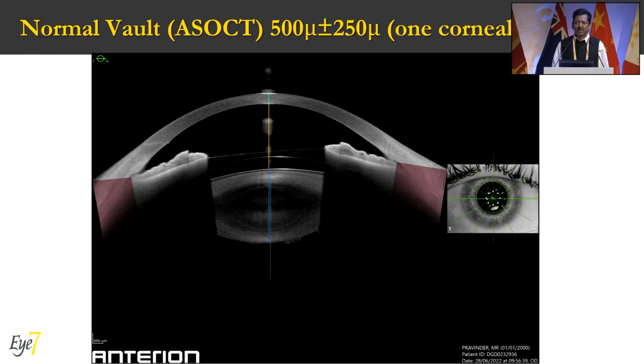The reason is that the lens becomes thicker with age and the vault decreases, not because the ICL position is changing, but because the lens is getting thicker. So that is why a 1000 vault is now considered a good vault.